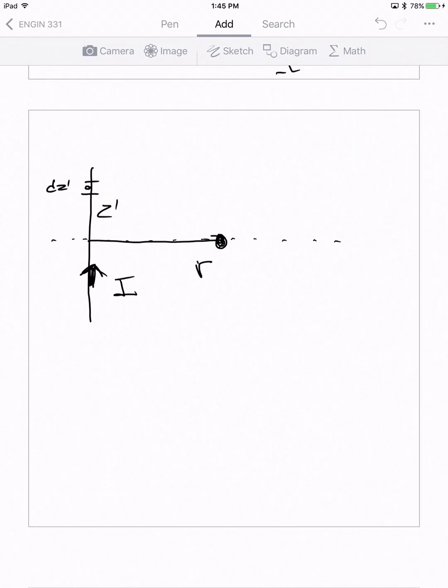That's where we got the z-directed unit vector there. And so if I want to know the distance from that point on my source distribution to the observation point, big R, this is a right triangle, so big R is equal to square root of z prime squared plus little r squared. There we go.